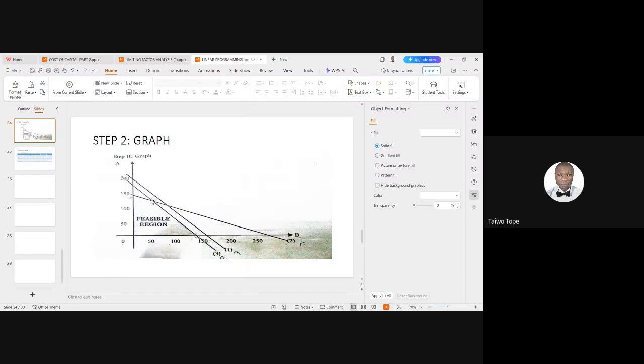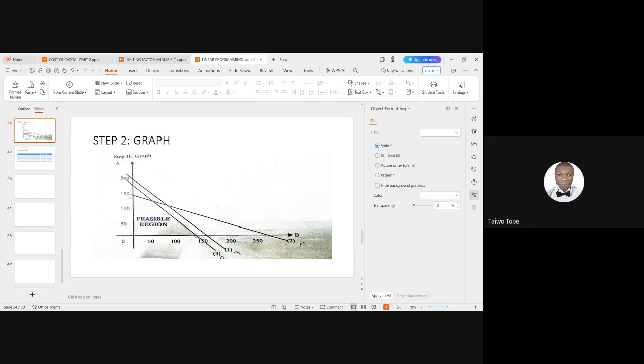At point B, something is happening here. We have 2 lines of intersection, isn't it? So what are those 2 lines? You must identify them. Yes, I need a response so that I will know you are getting it. Foundry and painting, the departments.